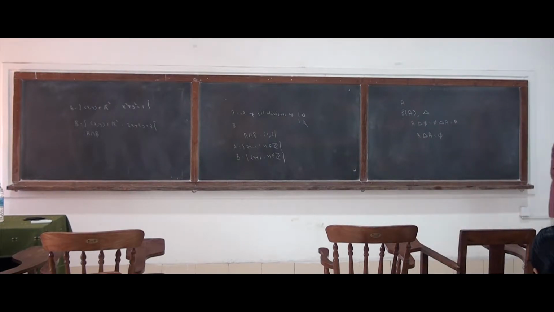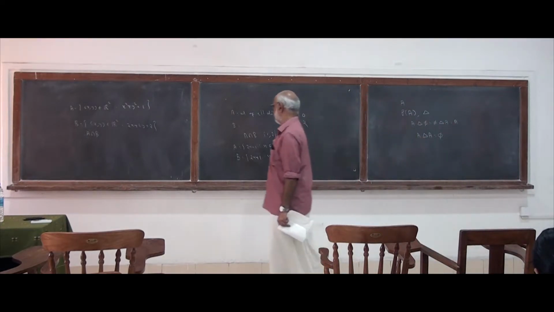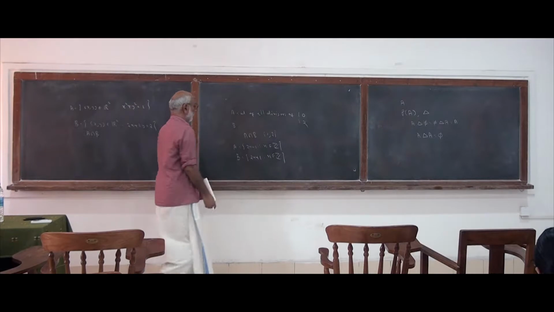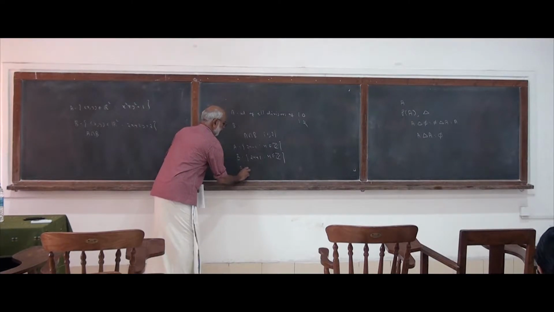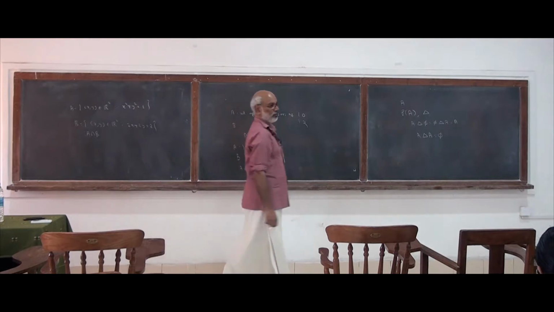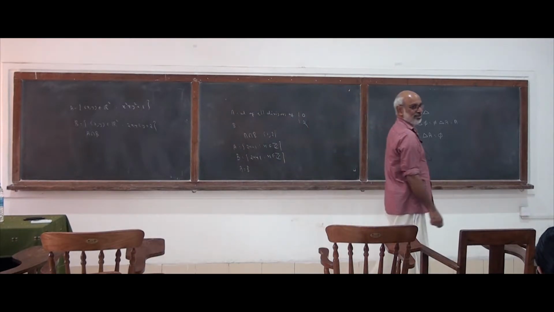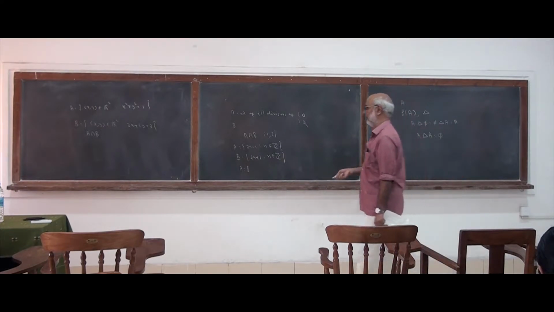All numbers which can be written as 2n minus 1 for some integer, that is A, and all numbers which can be written as 2n plus 1 for some integer, that is B. Then it is easy to see that A and B are equal. How to prove that A and B are equal? You prove that A is a subset of B and B is a subset of A.